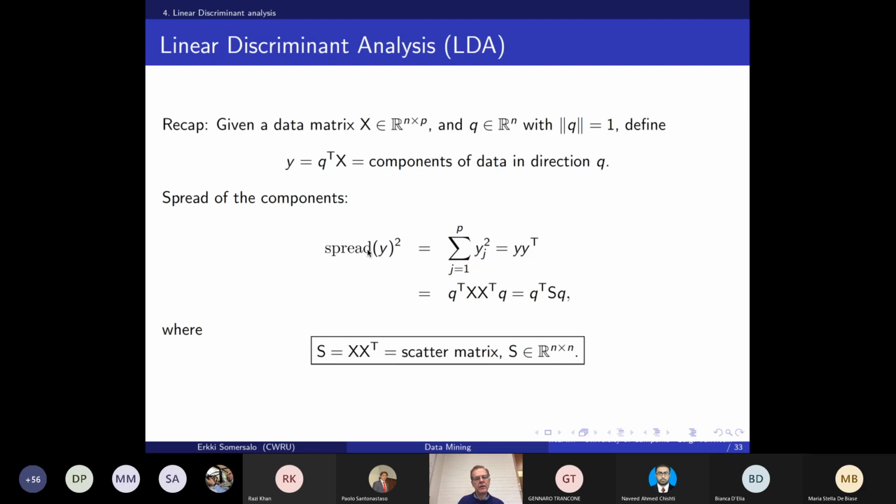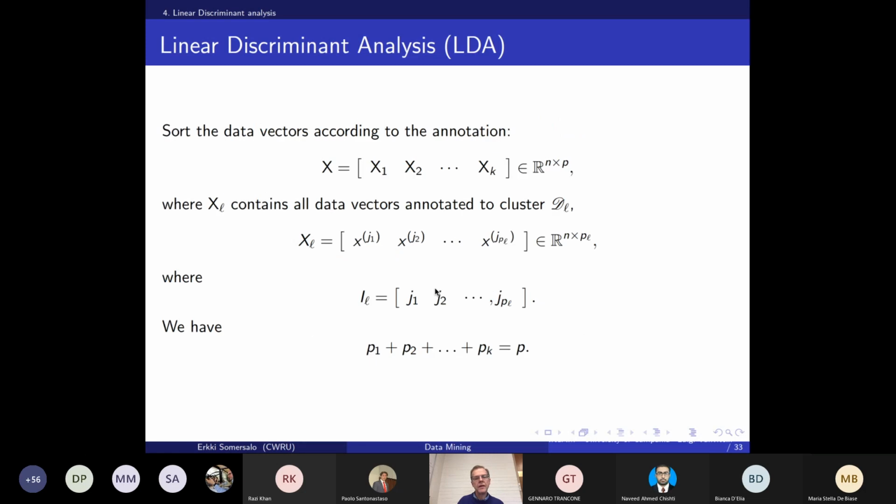First of all, my data are not centered here. So this is just any cloud of points. So scatter matrix is this S here. However, I'm going to center. So here is the story. I take my data and then I'm organizing it according to the annotation.